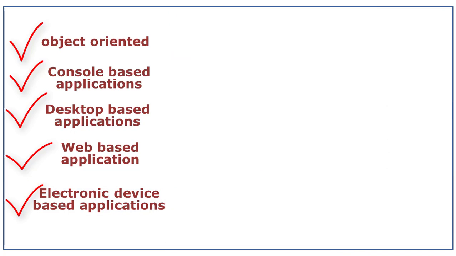So Java is an object-oriented programming language used to develop all of these kinds of various applications. In the next video, we will try to understand the purpose behind the development of Java programming language, and we'll discuss a little bit of history about Java programming language.